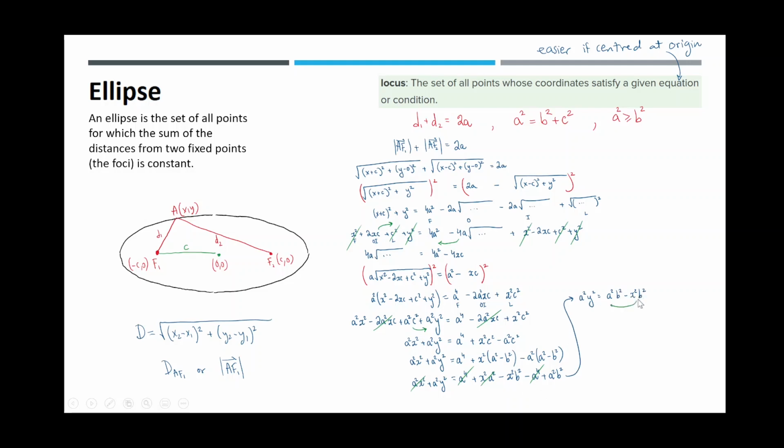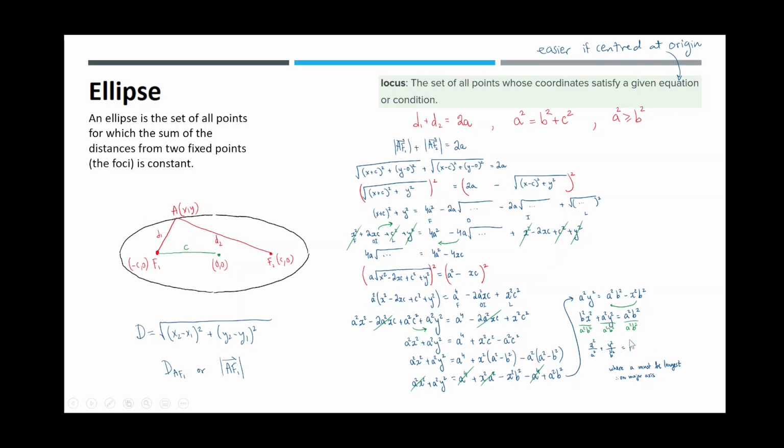Now what we're going to do is put all the x's and y's on one side, okay? And to make this equation even simpler, we're going to divide every term by a squared b squared. Watch what happens. This side becomes just 1, and here the b's will divide out, and on this term, the a's will divide out.